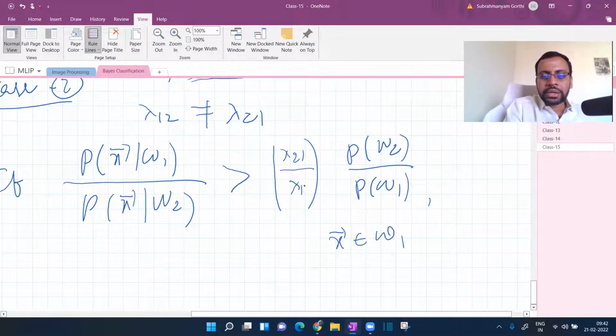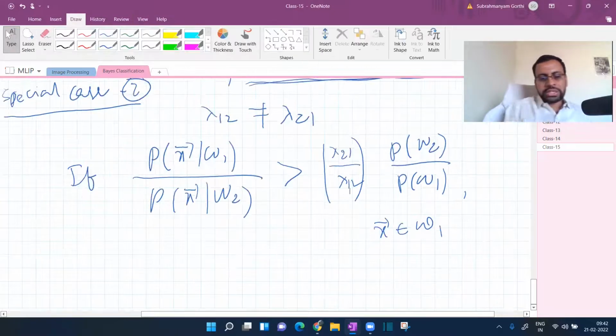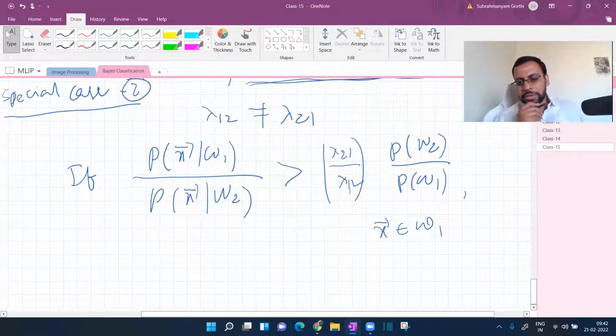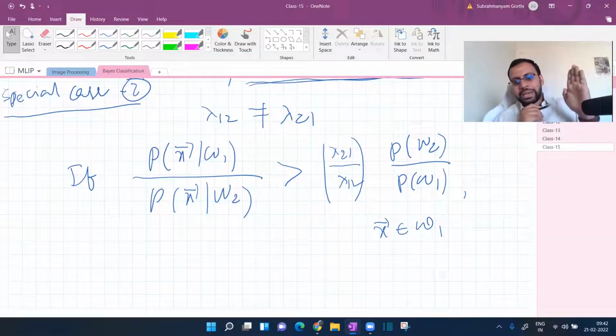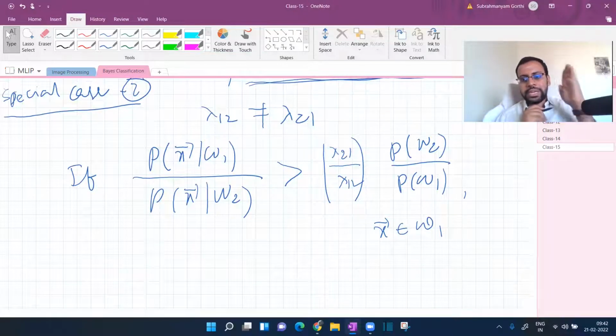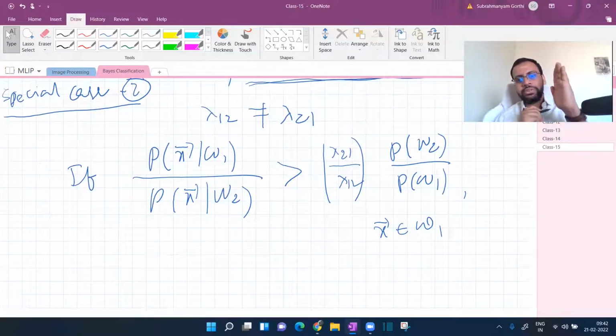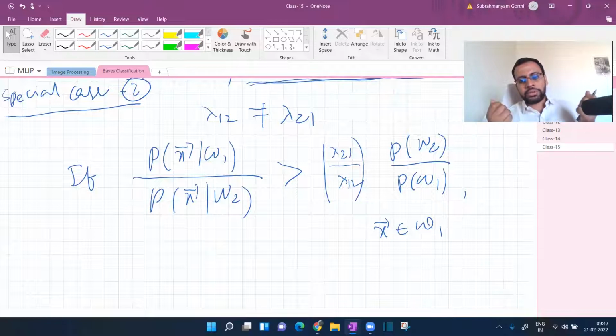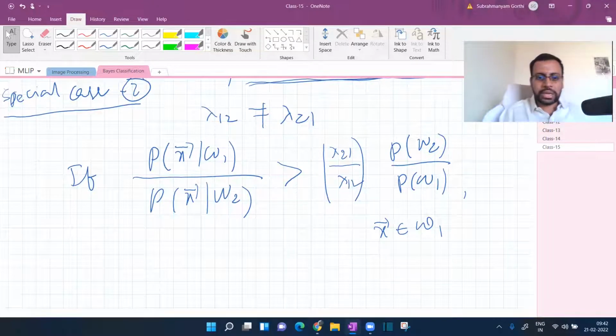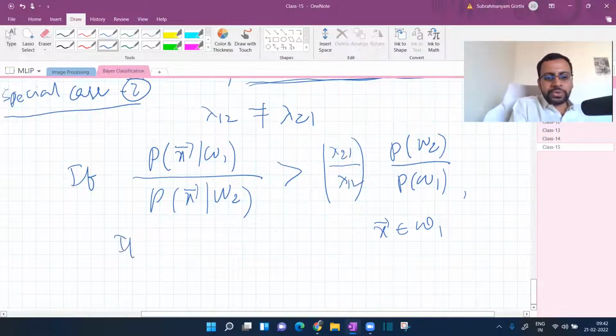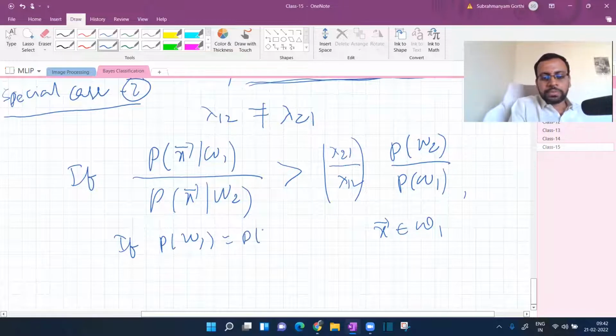Let's again see some interpretation of what is happening to the boundary. Earlier, it was the intersection point when you are penalizing them equally and your omega 1 and omega 2 are same. Now let us see if your prior probabilities are same.